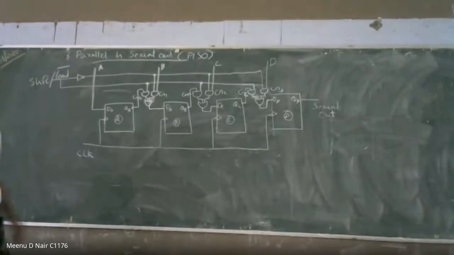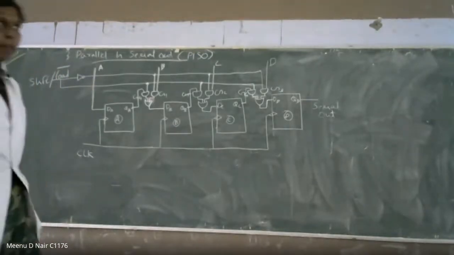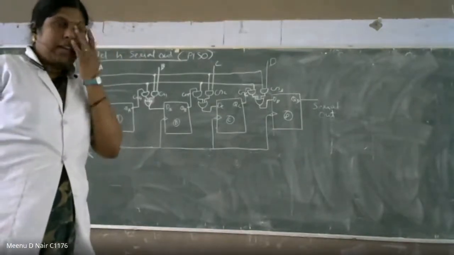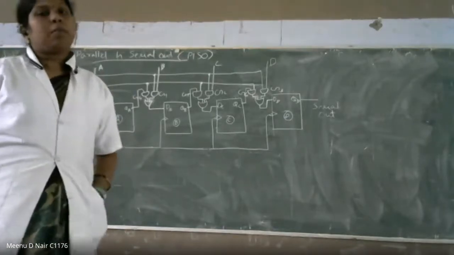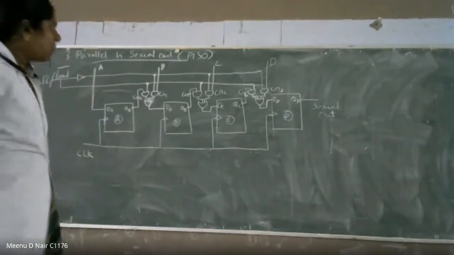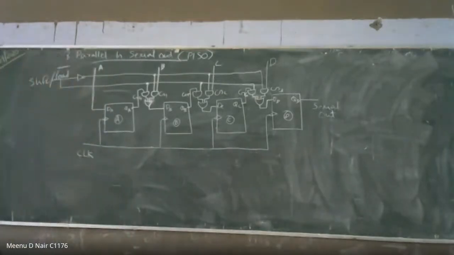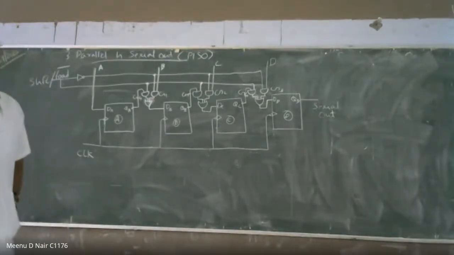The circuit looks a bit complicated compared to the other three cases, because in those you were using only flip-flops. But in parallel in, serial out, it is a bit complicated, because some AND gates and some OR gates will be there.